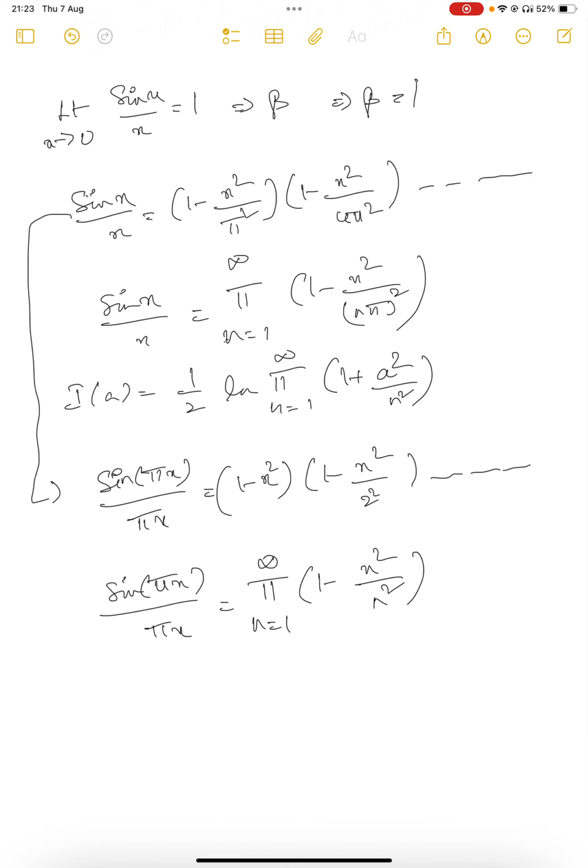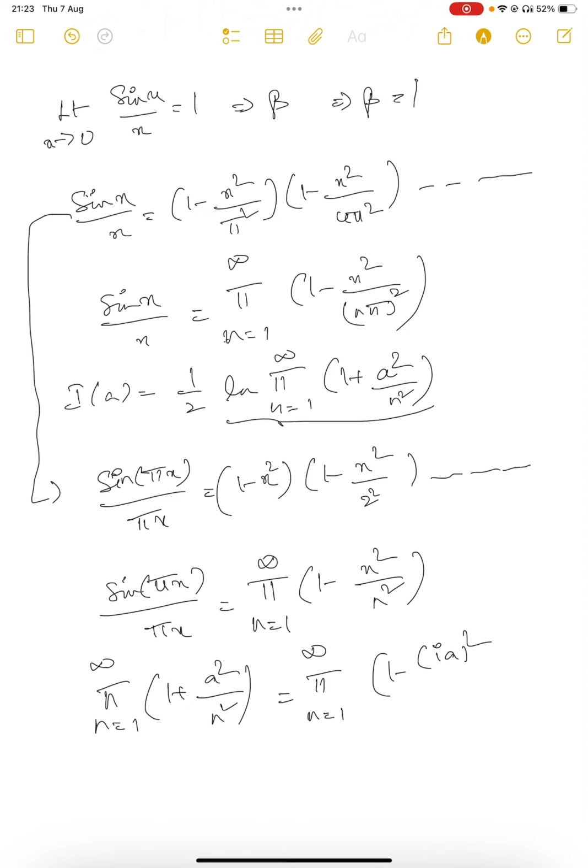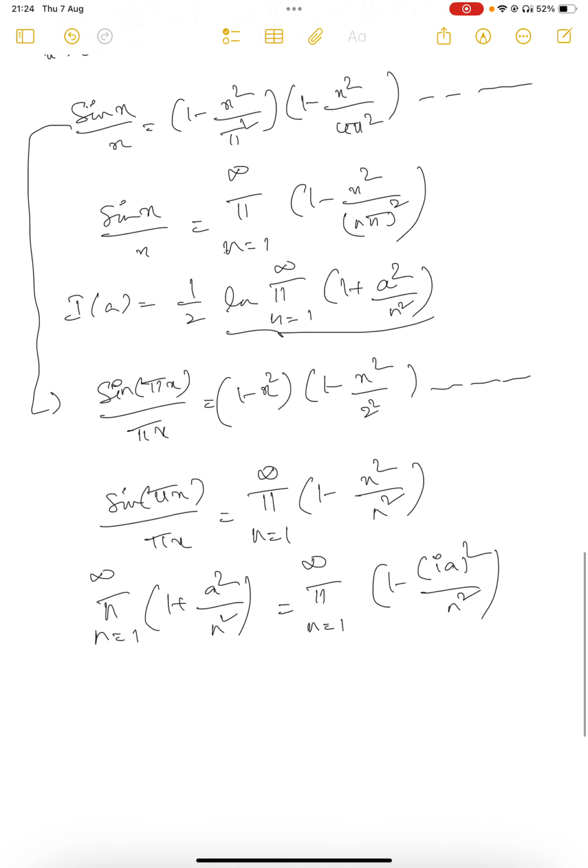In our case, it is written as product n equal to 1 to infinity 1 plus a square by n square, which can be written as product n equal to 1 to infinity 1 minus of ia whole square by n square, right? It's a clever trick. As i square is minus 1, this minus minus will be plus, then it will be 1 plus a square by n square. So here x is ia, right?